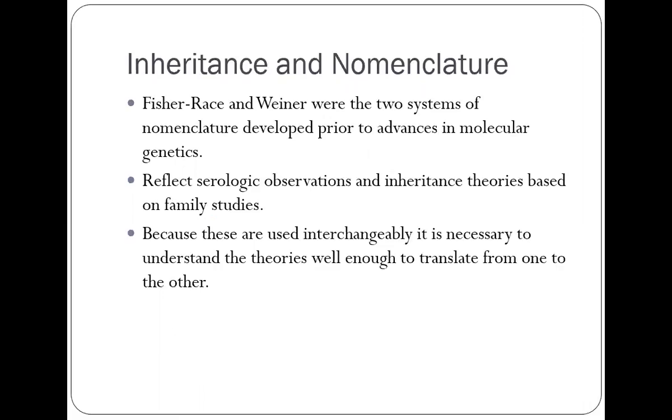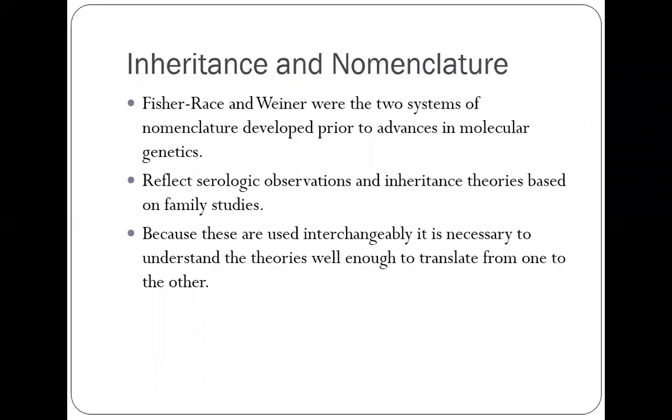Because they're actually used interchangeably, both in the way that we describe the Rh system, we need to understand the theories well enough to translate from one to another, because when we actually get into working with blood screenings and antigen identification as well as antibody identification, you're going to find that they use this nomenclature to describe the different Rh antigens.